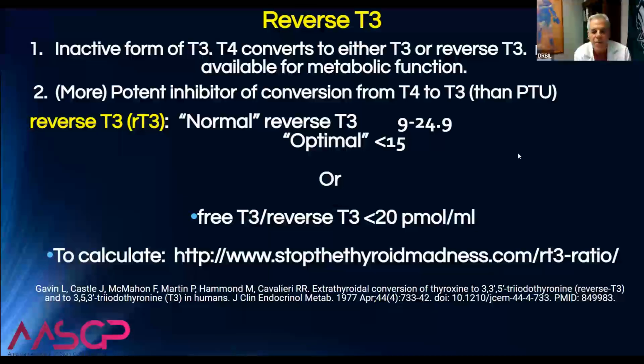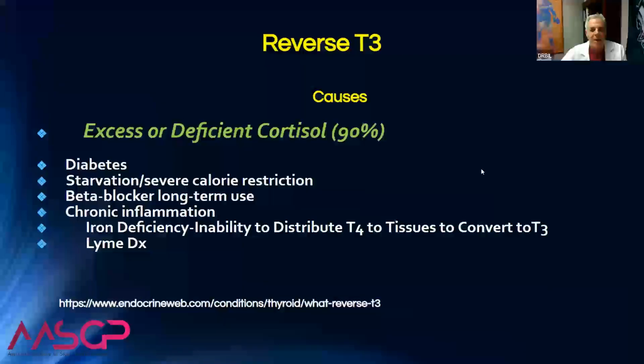For reverse T3, a lab value of 9 to 25 is considered normal. We start seeing symptoms at less than 15. We can also calculate a free T3 to reverse T3 ratio. We want that to be greater than 20. I'll tell you about that in just a bit, and that has to do with brain function.